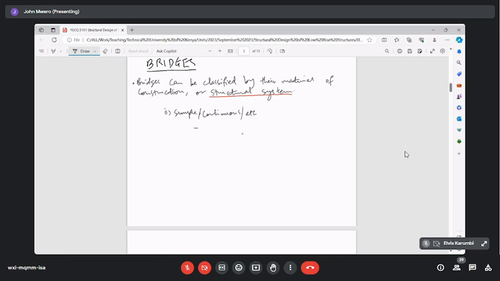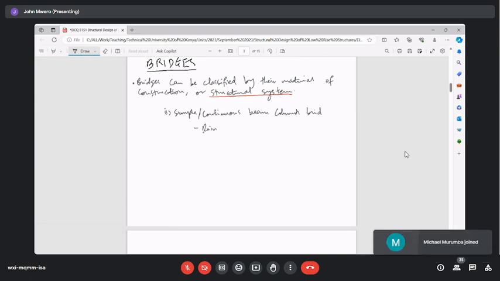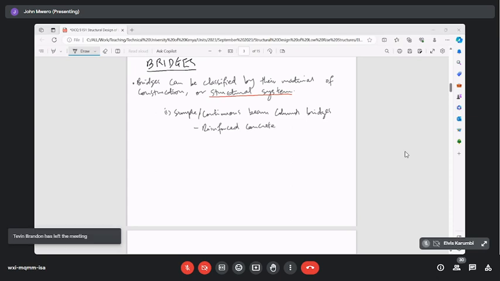These ones can be made out of reinforced concrete, simple or continuous beam, column, made of reinforced concrete. Usually limited to small spans.